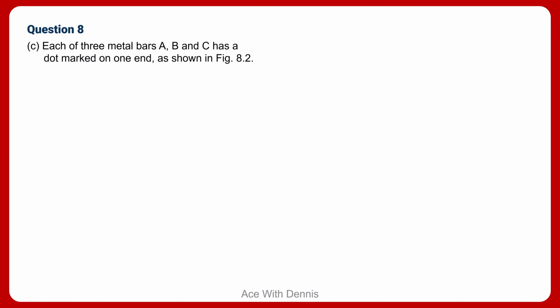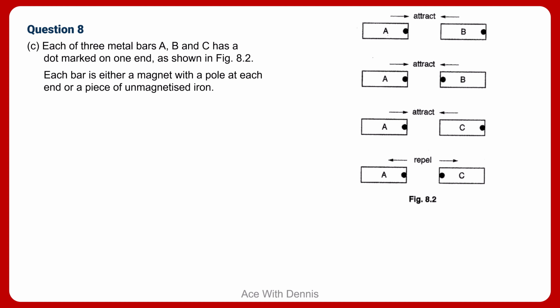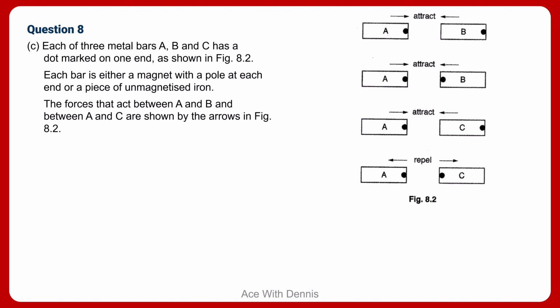C. Each of 3 metal bars A, B, and C has a dotted mark on one end as shown in figure 8.2. Each bar is either a magnet with a pole at each end or a piece of unmagnetized iron. The forces that act between A and B and between A and C are shown by the arrows in figure 8.2. 1.